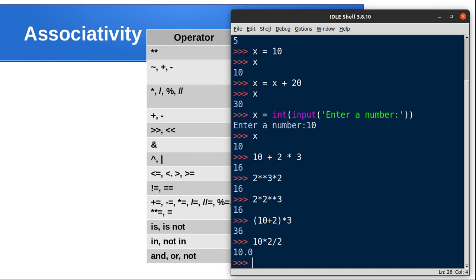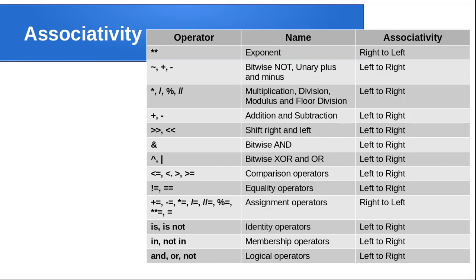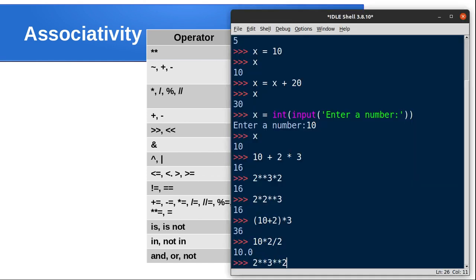Consider one more example: 2 exponent 3 exponent 2. Look at the associativity, it is right to left. So in 2 to the power of 3, 3 to the power of 2, this second one is evaluated first.